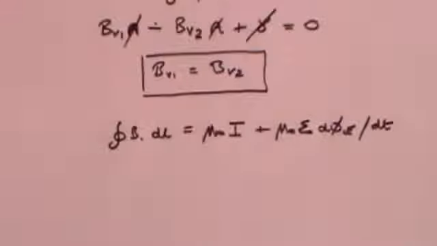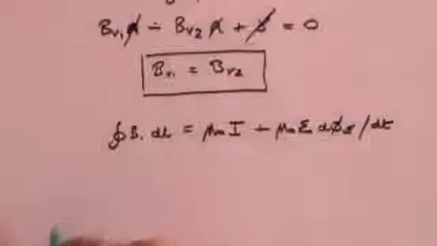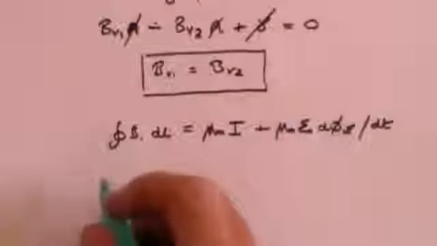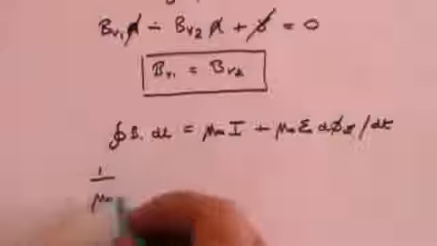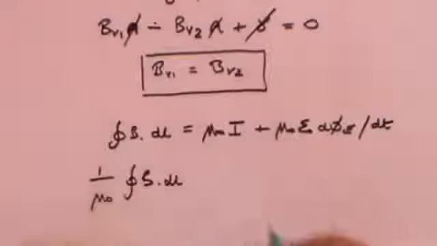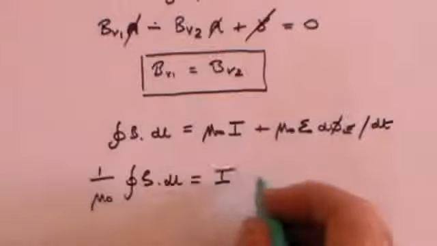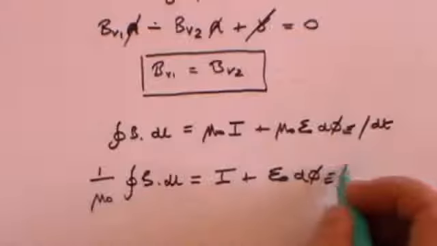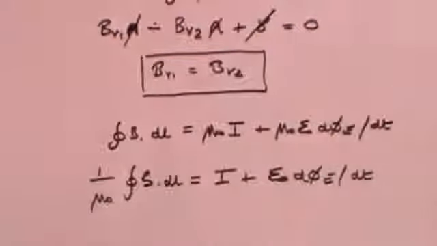Now let's just look at that for a moment. We can write that as, take the mu naught out on both sides, and that gives you 1 over mu naught into the integral of B dot dL is equal to I plus epsilon naught d phi E by dt.